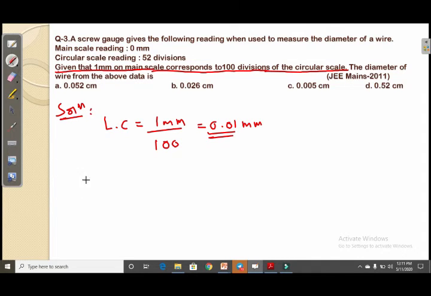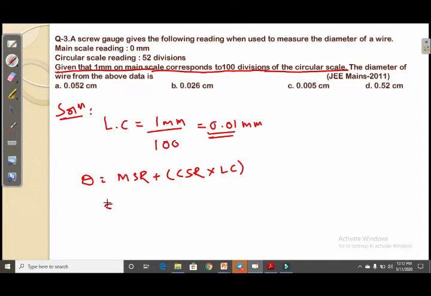Next, we have to calculate the diameter of the wire. So the diameter of the wire is equal to MSR, main scale reading, plus CSR, circular scale reading, into LC. Here they have not mentioned any error, so don't take any error term here.